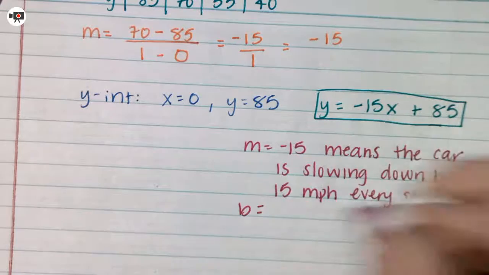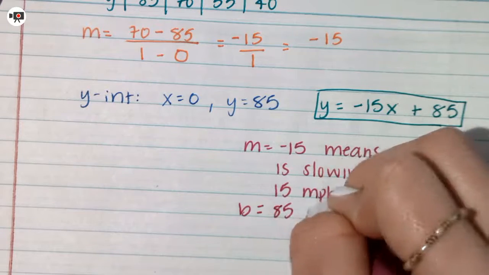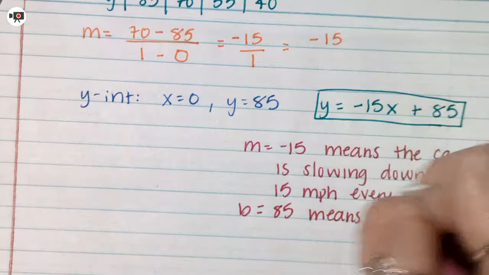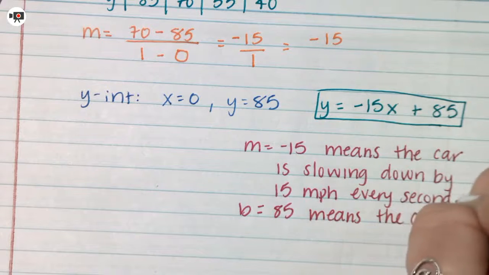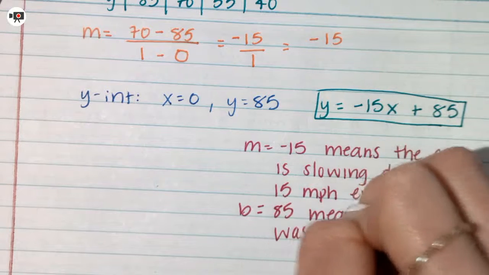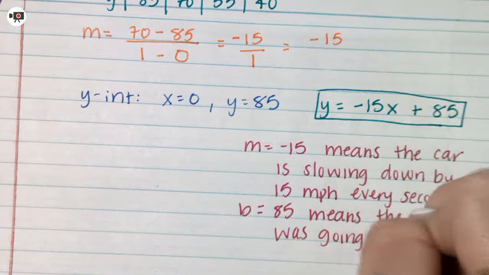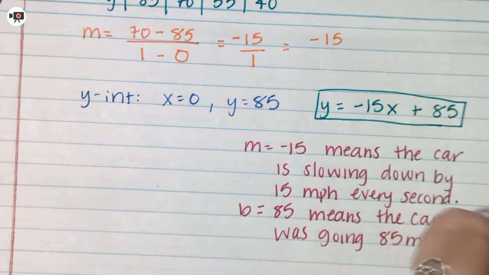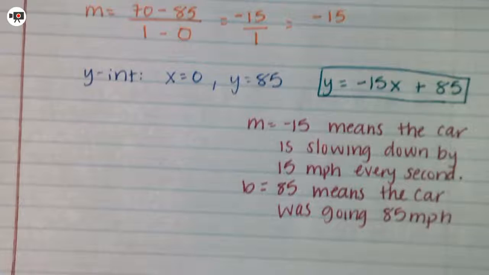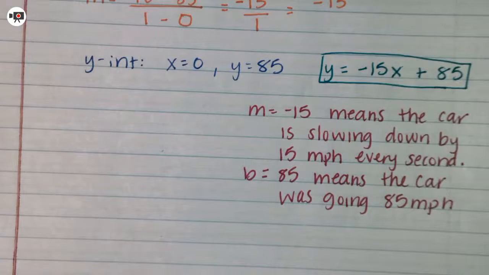When b, my y-intercept, is 85, it means that the car was going 85 miles per hour before it started braking.